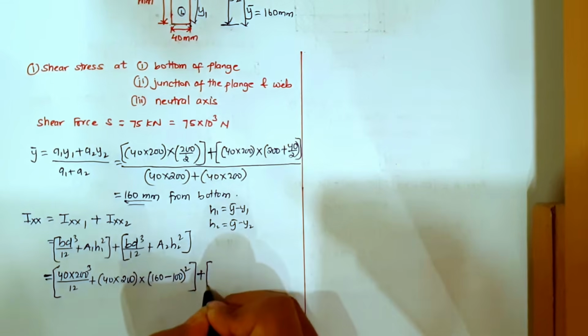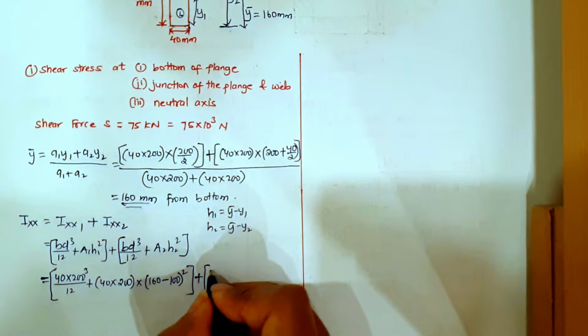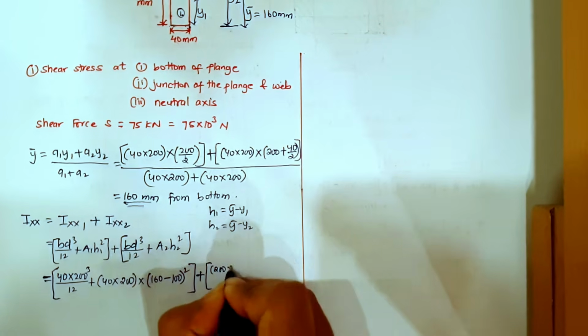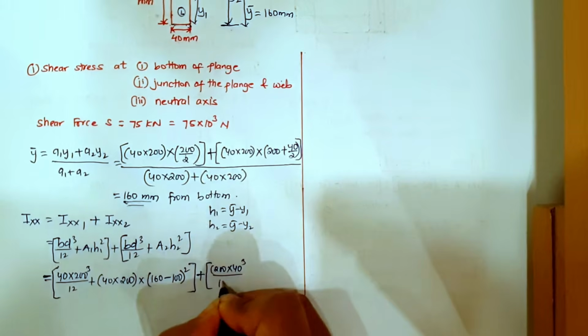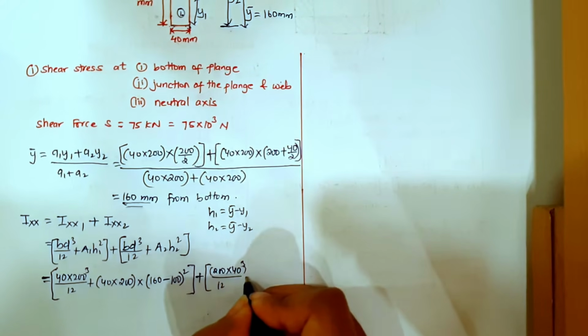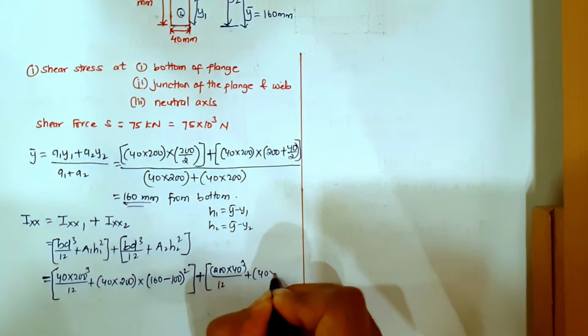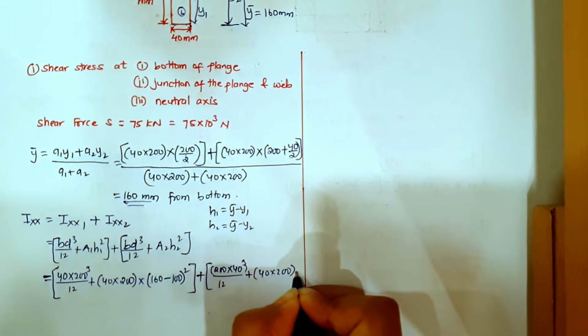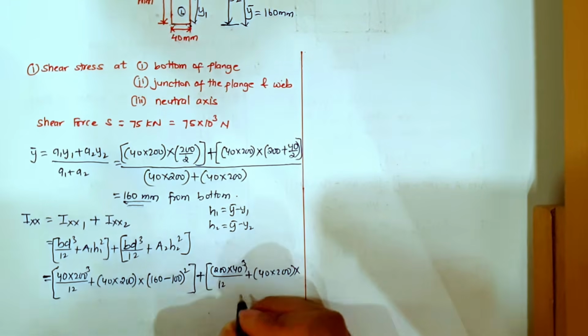Plus for the second section, B is 200 and D is 40 cubed divided by 12, plus area is again 40 into 200 into, now how much will H2 be? Y bar minus y2.